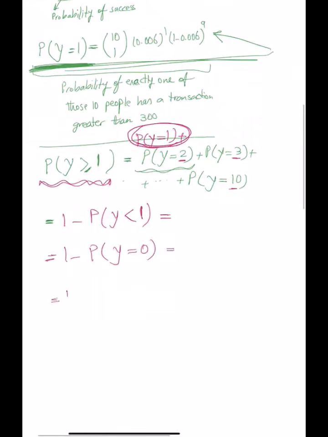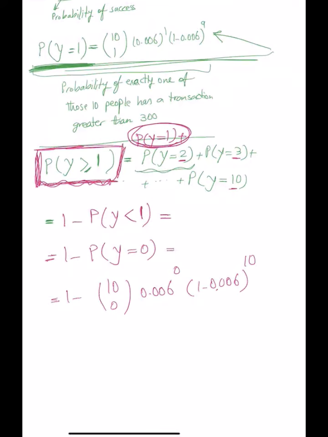And probability of Y equals 0 is 10 choose 0, p to the power of 0, 1 minus p to the power of 10. So whatever that number is going to be, that is going to be your probability of at least one of those 10 customers has a transaction amount that is greater than 300.